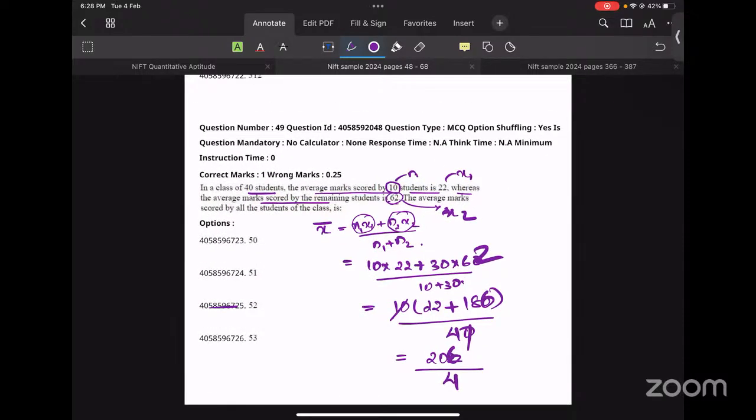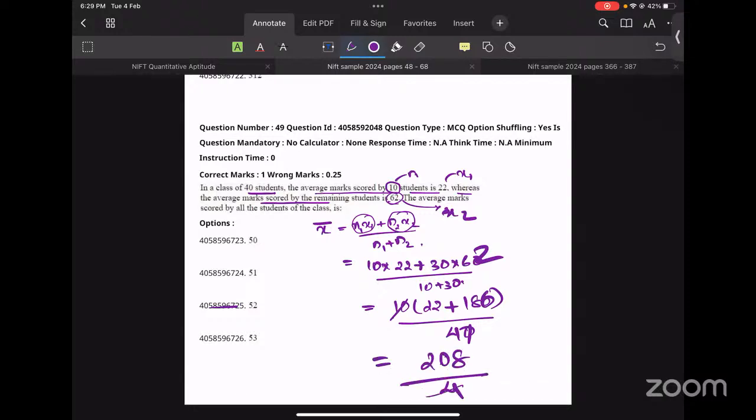So once again, in a class of 40 students, the average mark scored by 10 students is 22, whereas the average mark scored by the remaining 30 students is 62. So 30 into 62, that is 186. 186 plus 22, that is 208 divided by 4.